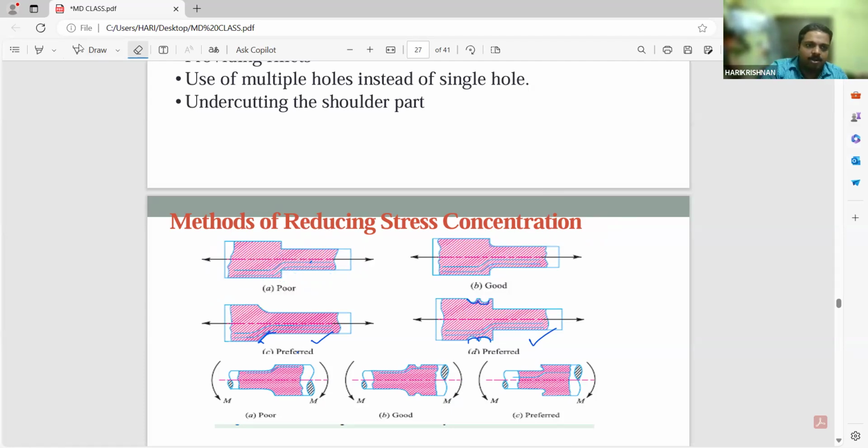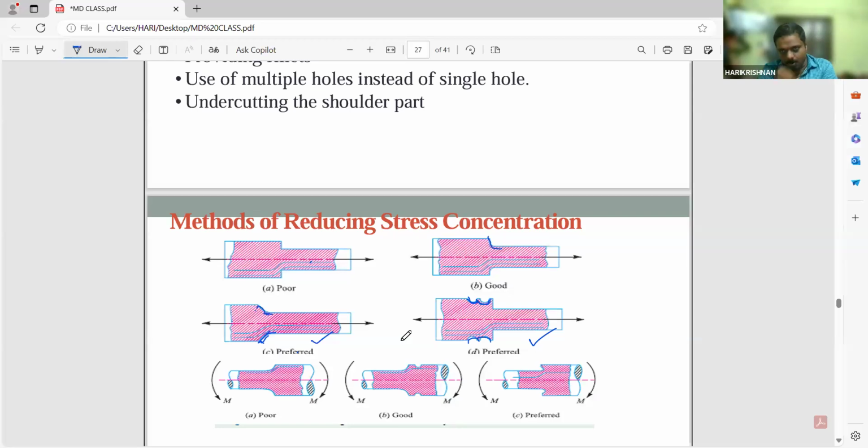So without providing sharp corners, you can use a curve corner here. You can provide a small curve and a slope. Here you can provide small holes, or you can reduce this area.